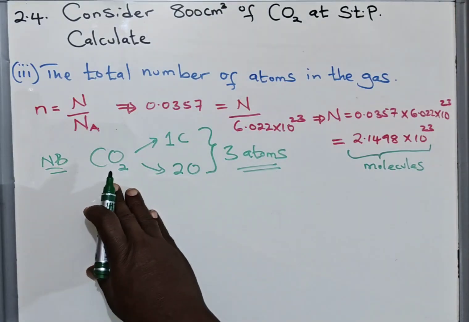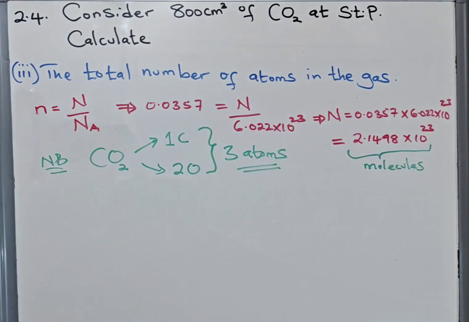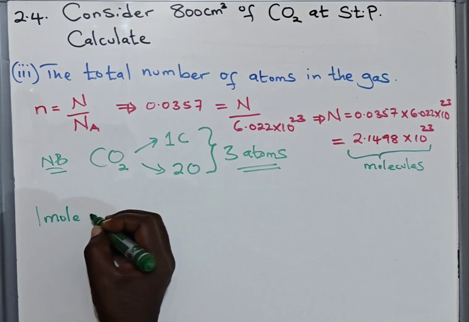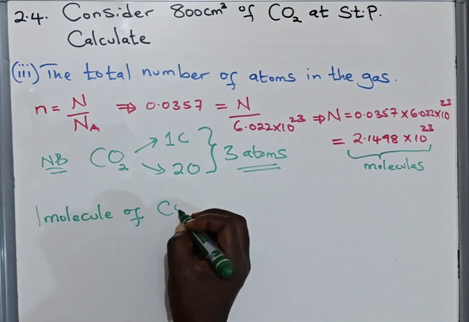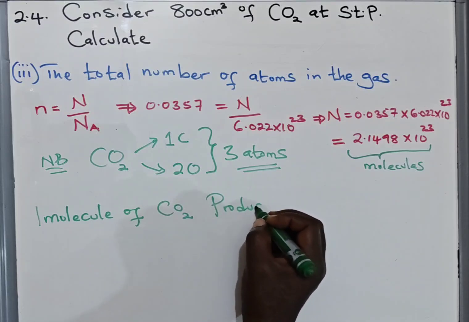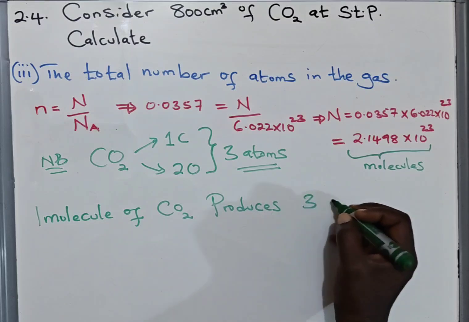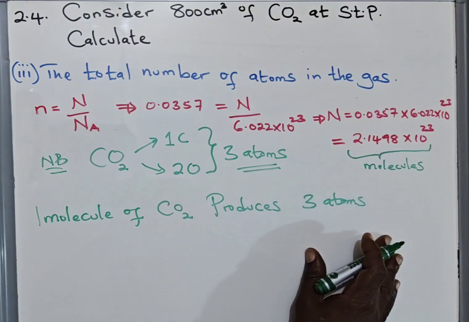So 1 molecule of carbon dioxide spits out 3 atoms. So what do we do in this aspect? You say 1 molecule of carbon dioxide produces 3 atoms. Okay?